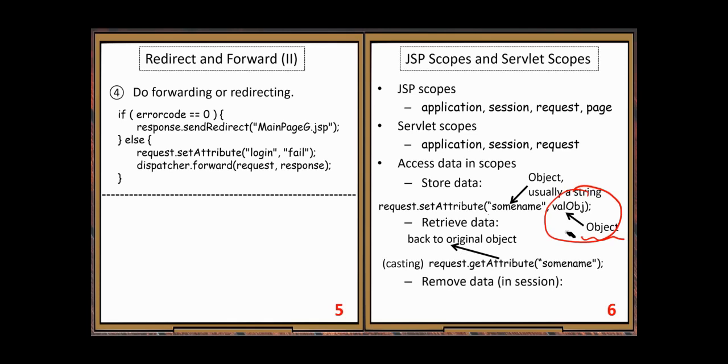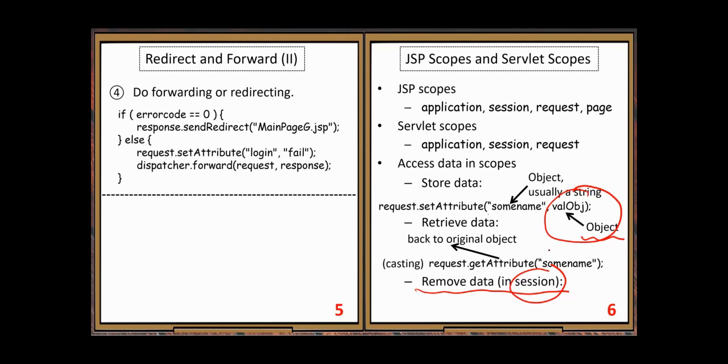Then the last step: in some situations, you may like to remove data in the scope, usually for the session data. The data stored inside the session stays there for the duration of your session object. But sometimes after you complete some specific business task, you don't need that data, so you want to save some memory space.